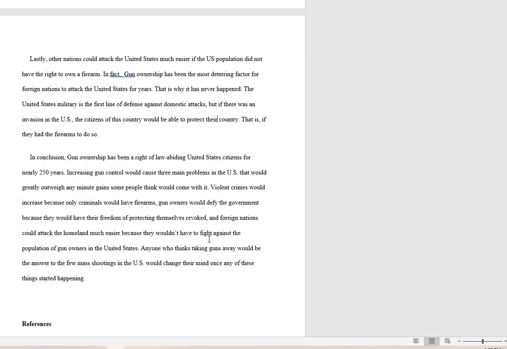Gun owners would defy the government because they want to have the freedom of having their own guns and protecting themselves. And foreign nations would attack the homeland much easier because they wouldn't have to fight against a U.S. population of gun owners. Anyone who thinks taking guns away would be the answer to the few mass shootings in the U.S. would change their mind once any of these things started happening.